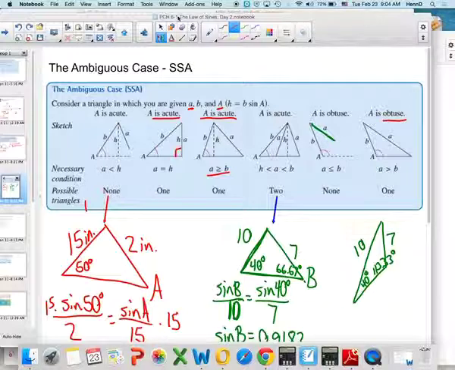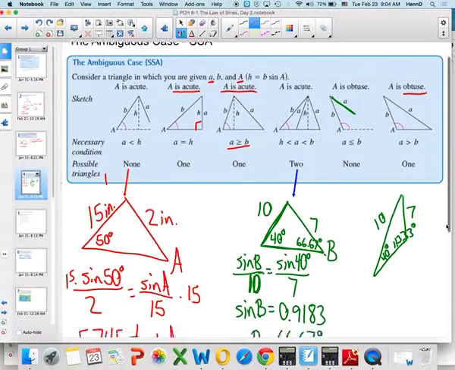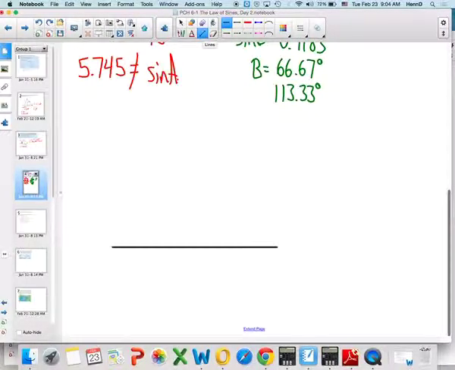Now let me draw another case here, and I'm going to start with the drawing so you can see the two possibilities. Okay? Let's say that we have this side, and I don't know how long this other side is.